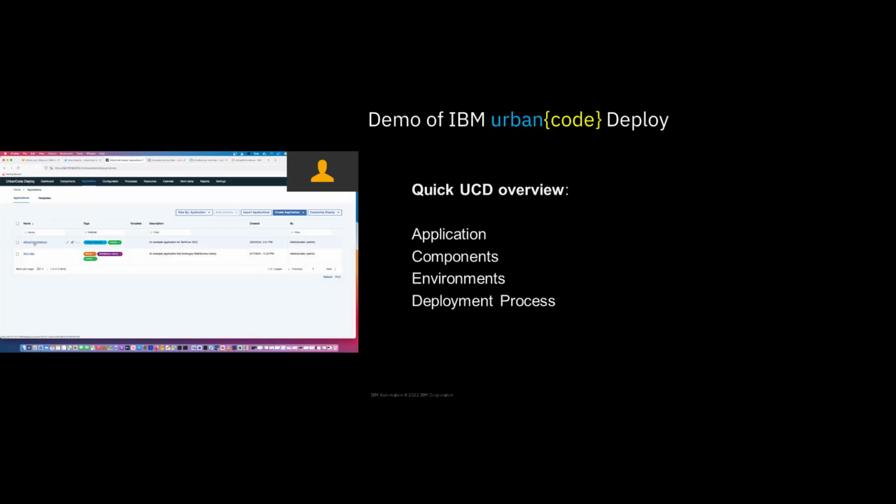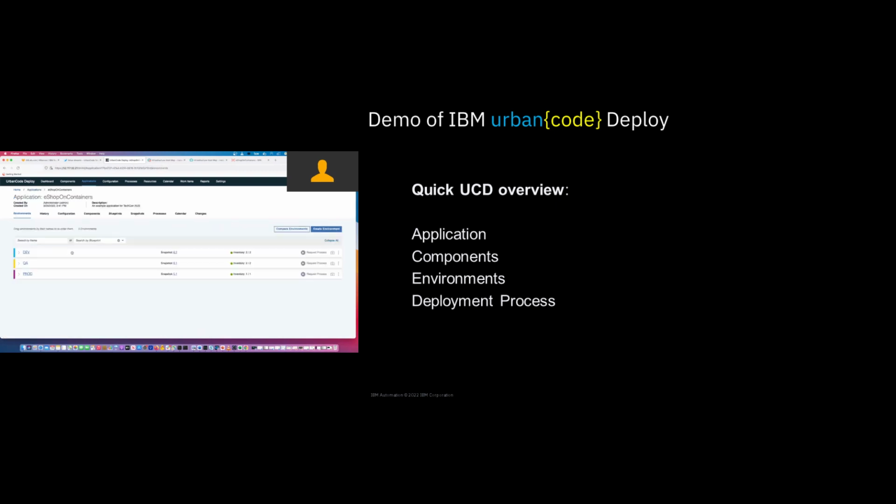If I look at this particular application, UrbanCode Deploy leverages an application model, which is comprised of 3 different parts. The first part is your target environments. This is really your pipeline, dev all the way to production. The second part of the model is the components that make up your application, and you can see a couple of those components here.